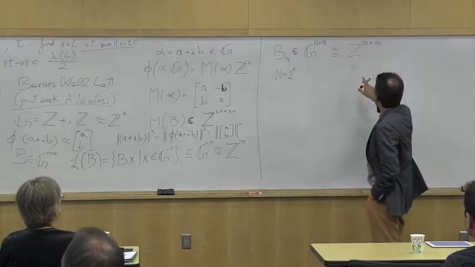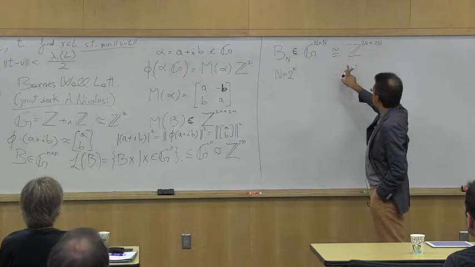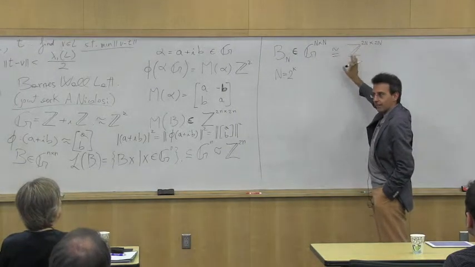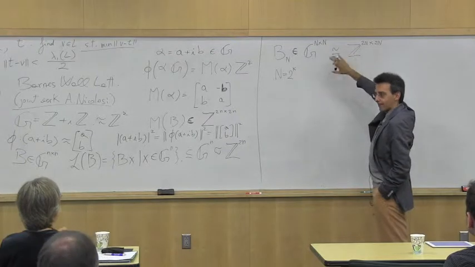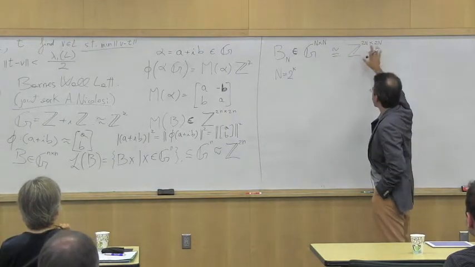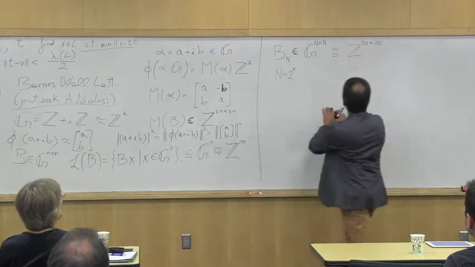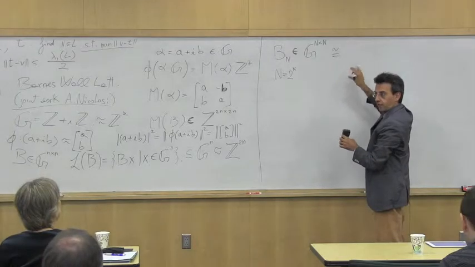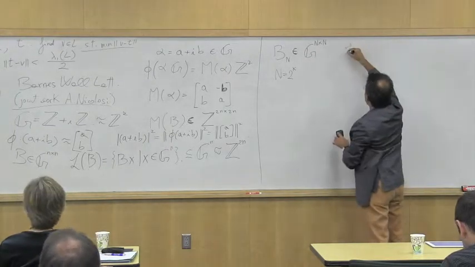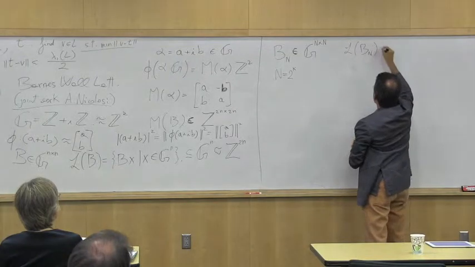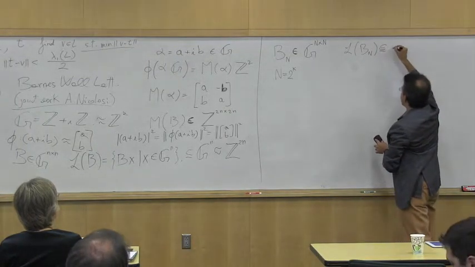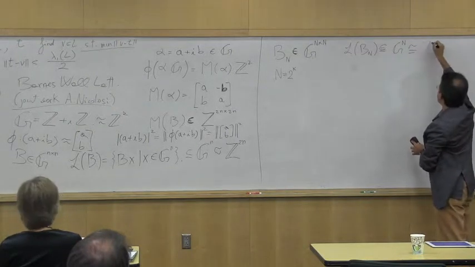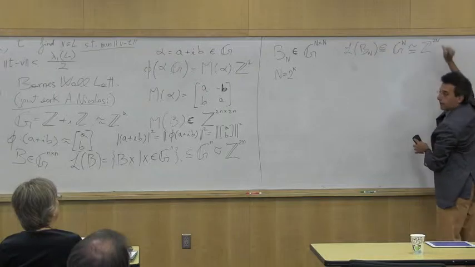Isomorphic, you just get a subring. Not every matrix looks like that. Sure, of course, not every matrix. So this embedding, yes, I'm not saying that. So the lattices that they generate are isomorphic. So the lattice generated by Bn is a subset of G to the n, which is isomorphic as Z to the 2n.